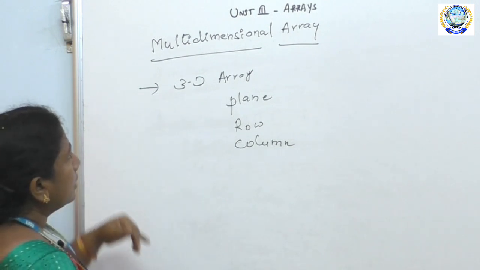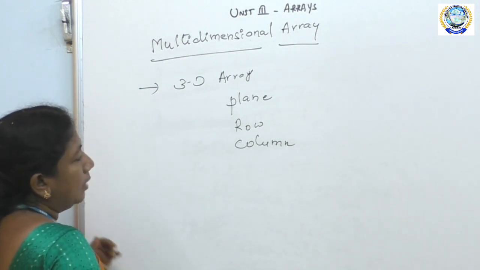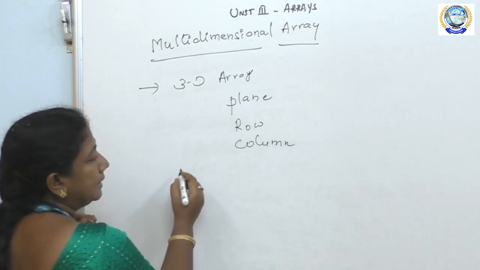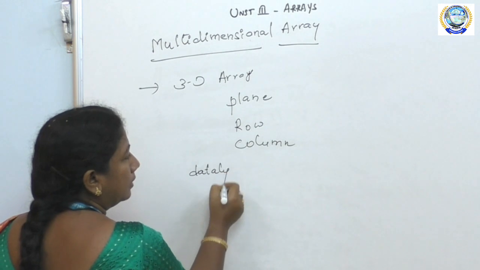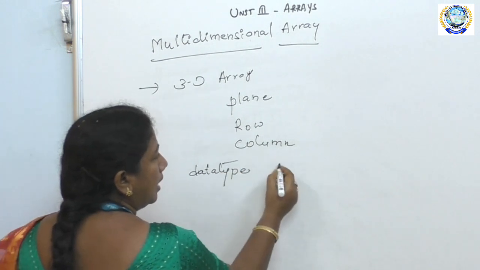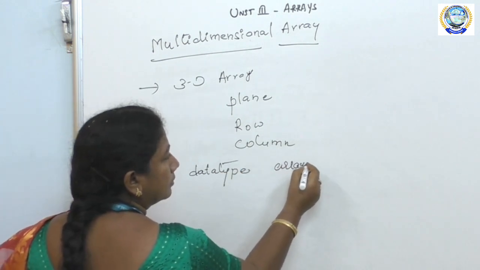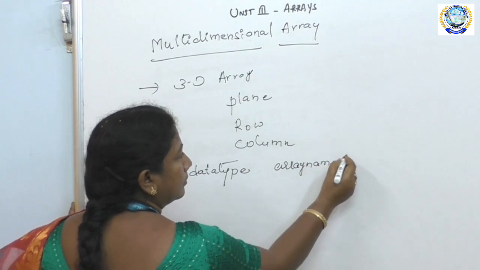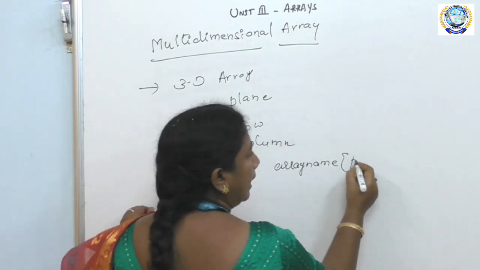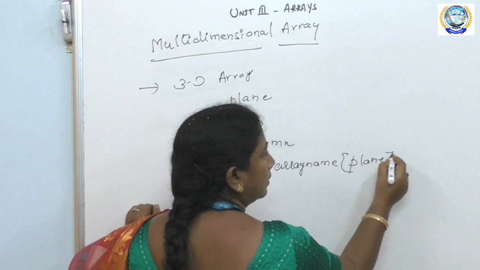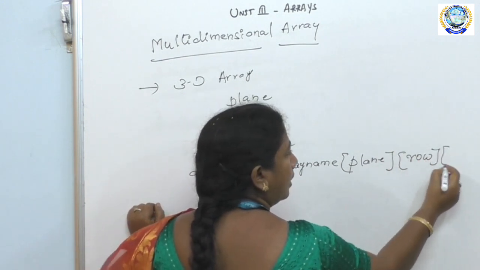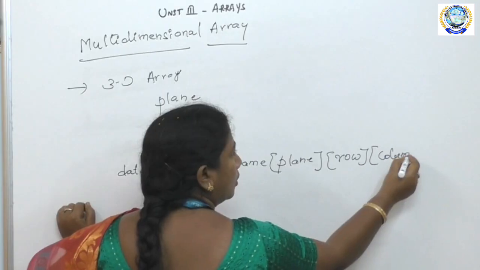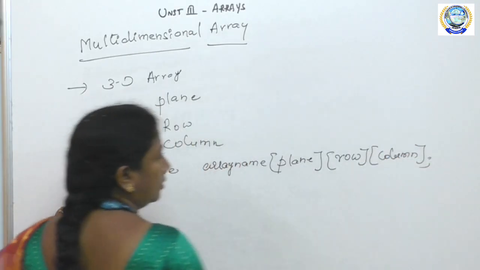Okay, so here the declaration of a multi-dimensional array, the syntax is data type, array name, plane, row size and column size.